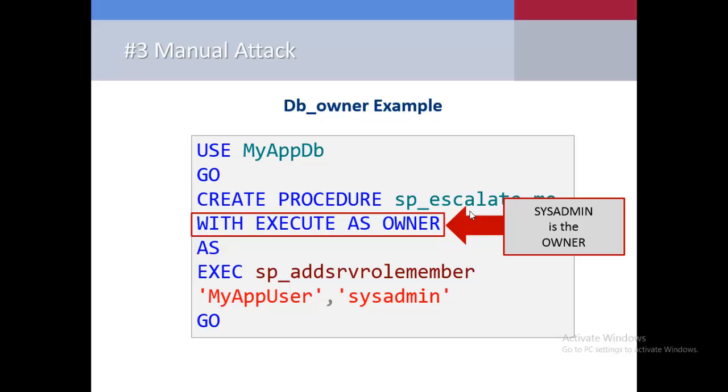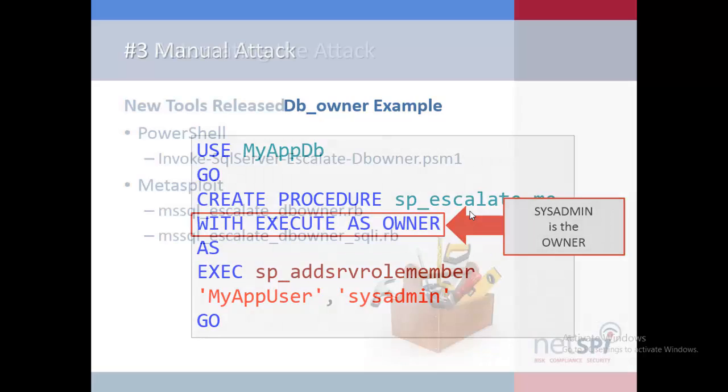So when this procedure runs, it will execute as a sysadmin. If we look at the code in the stored procedure, there's a very simple call to add us, myappuser, the user I'm connected with, to the sysadmin group. And at that point, I have full control over the database server. So it's basically 2 moves to sysadmin.